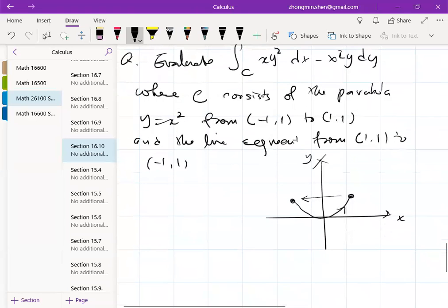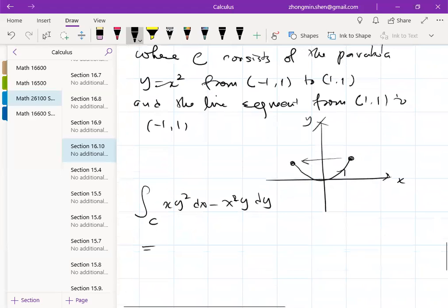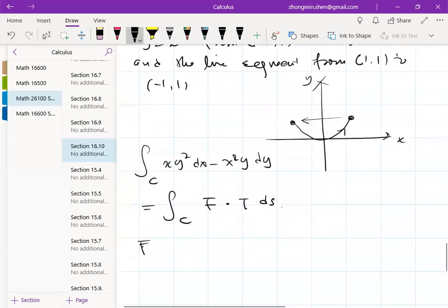The line integral can also be described as follows: the integral over C of x y squared dx minus x squared y dy. This is actually the integral of F dot T ds, and what is F? F is going to be (x y squared, negative x squared y).